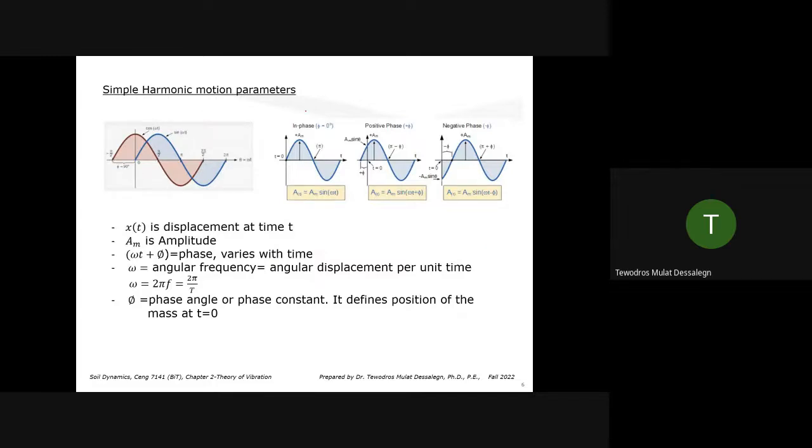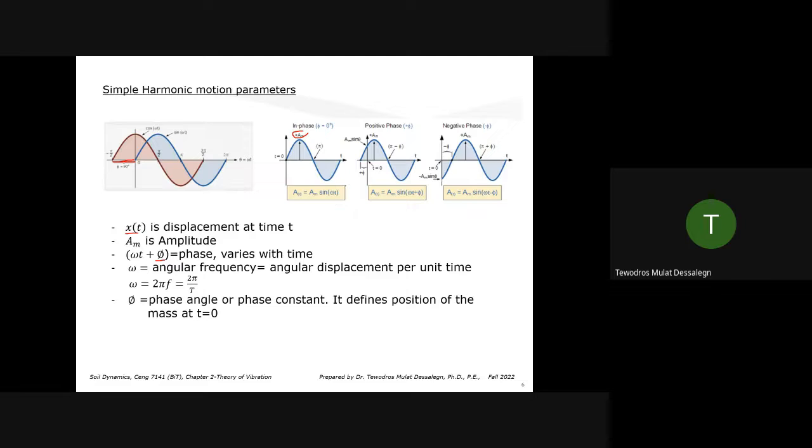In simple harmonic motion, the sine and cosine functions, I'm sure you know this from your math, you can have a displacement-time plot, where x(t) is the displacement at time t. You can have a shift, or A_m is the amplitude. The maximum peak value is the amplitude, whether it is in the negative or positive direction. Omega t plus phi is the phase.